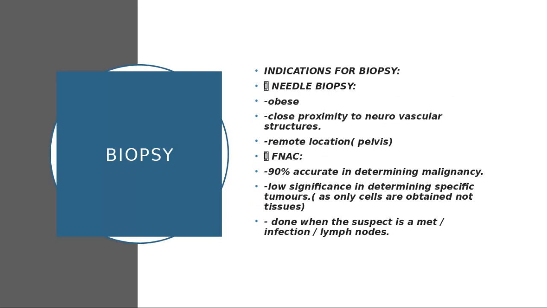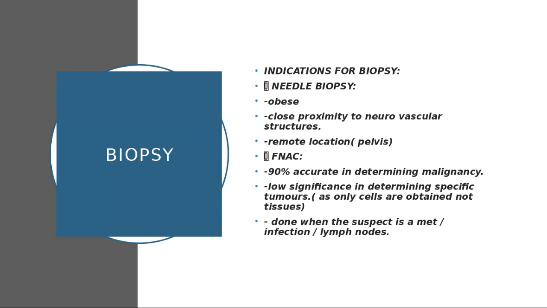So it's indicated in specific situations. Needle biopsies you tend to do in patients where you have difficulty getting access to the tumor. So in obese patients, or in situations where the tumor is close to neurovascular structures, or it's in areas which are difficult to reach, such as deep into the pelvis or into the spine, then that's a situation in which a needle biopsy can become useful.